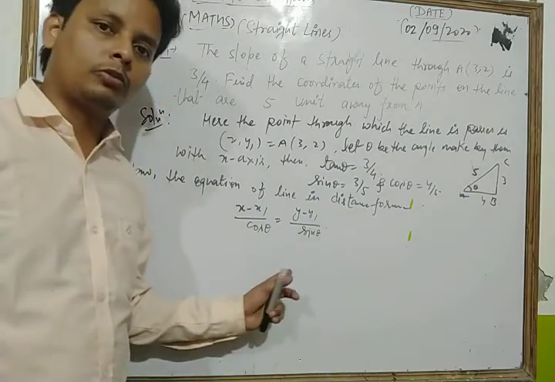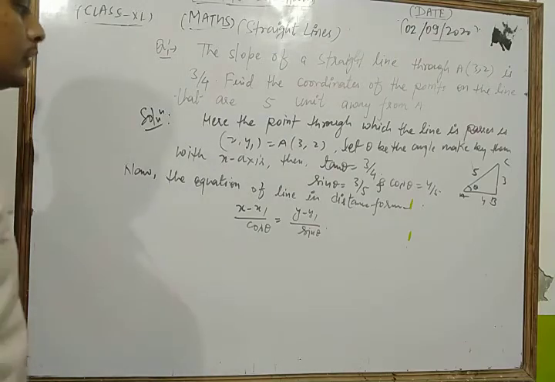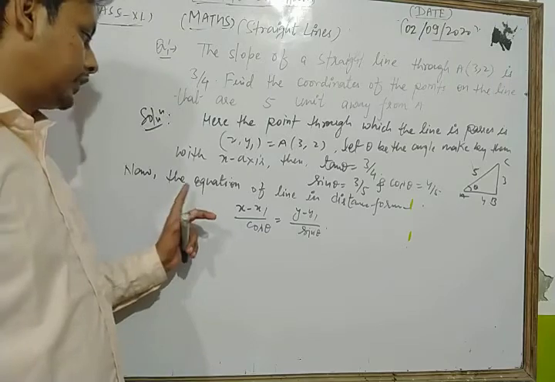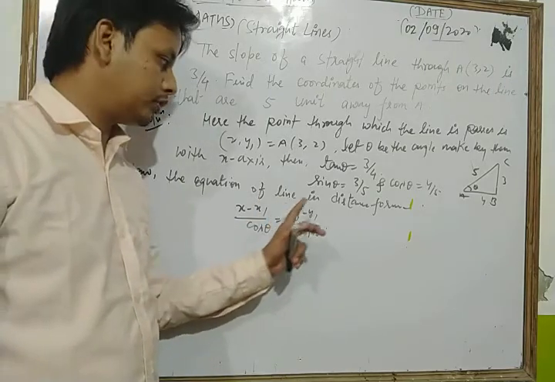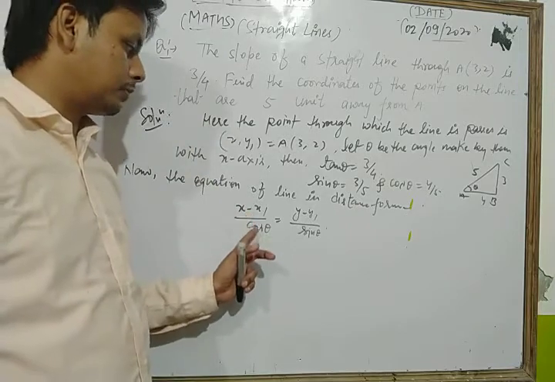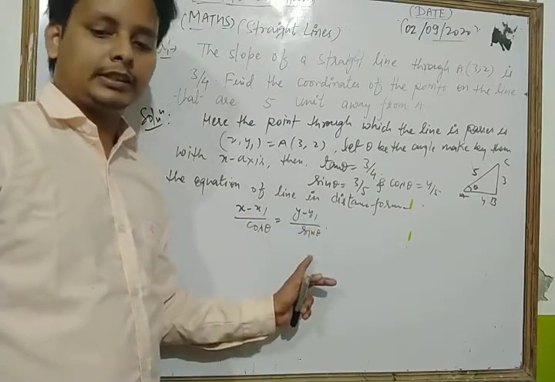Dear student, this is the formula for that. So here the equation of line in distance form will be x minus x1 upon cos theta is equal to y minus y1 upon sin theta.